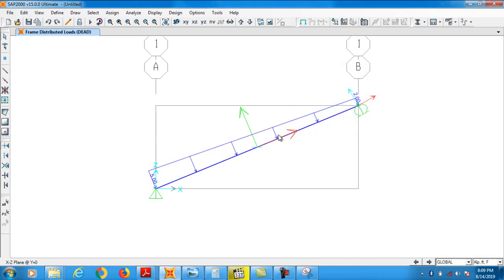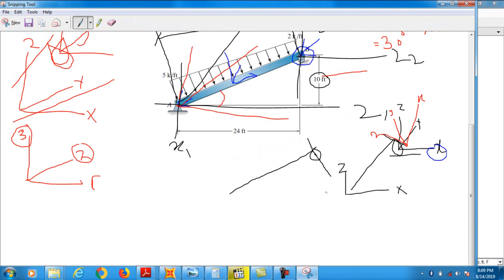So this is the load. If you don't identify the proper local axis, that is, which one of the local axes is perpendicular to my structure, then you cannot select the proper loading. You must identify the difference between the local axis and the global axis, and the representation of 1, 2, 3.